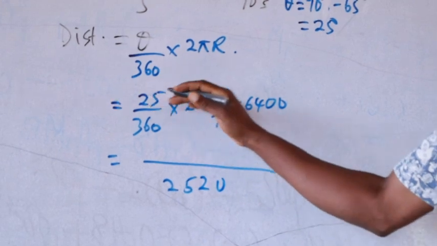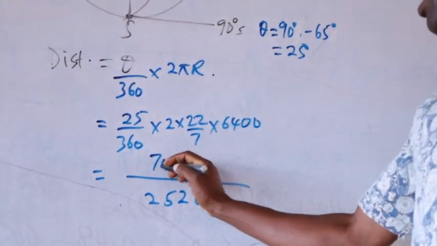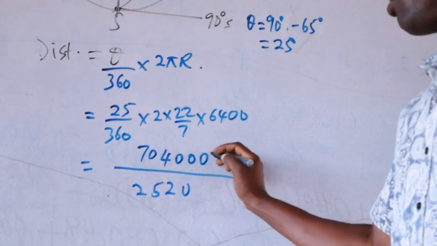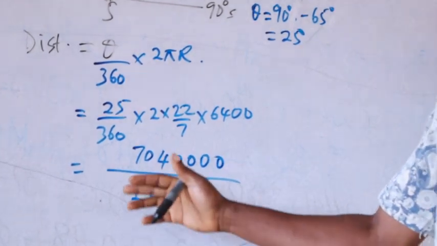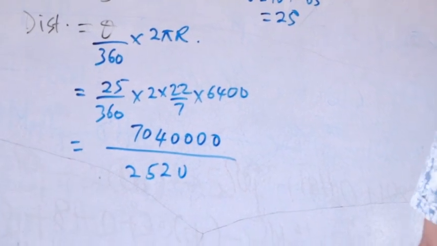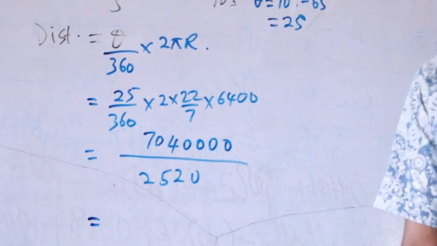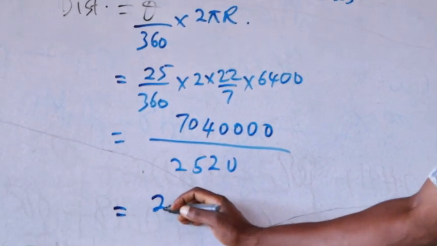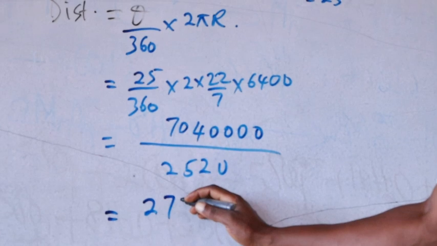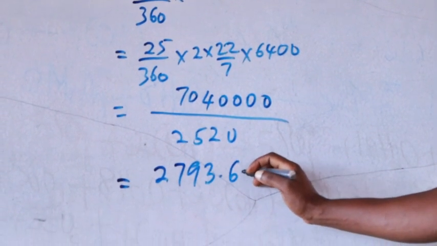What is the product of the numerators? 7,040,000, right? Okay, divide. Divide. 2,793.6.